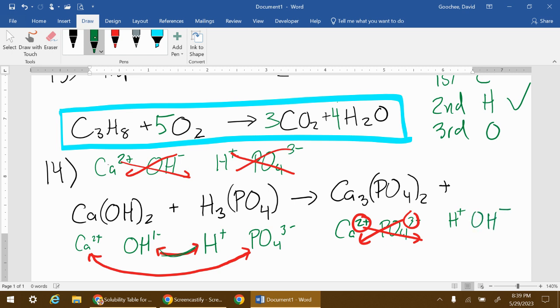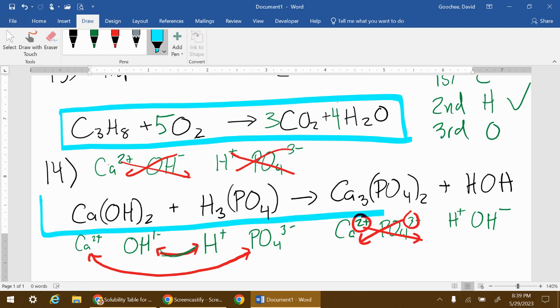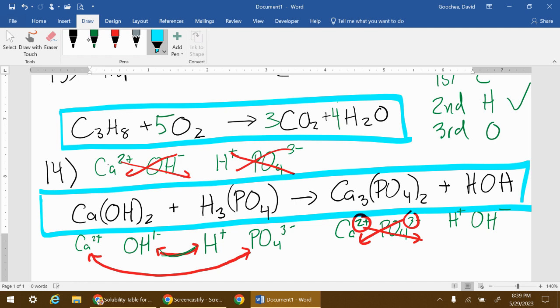And guess what this forms, guys? This forms HOH, also known as H2O, also known as water. So you can think of it as H2O, but I'm going to keep it as HOH because it makes the reaction easier to balance. So I'm actually going to highlight it first to kind of draw our attention here, and now I'm going to balance.